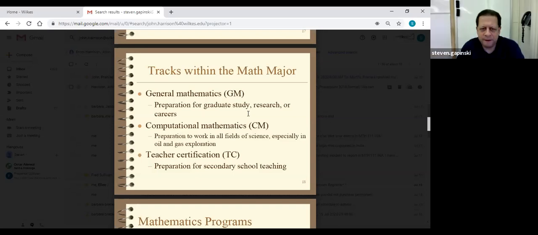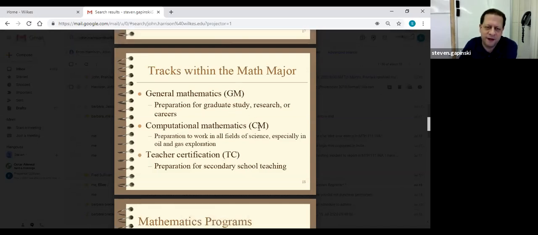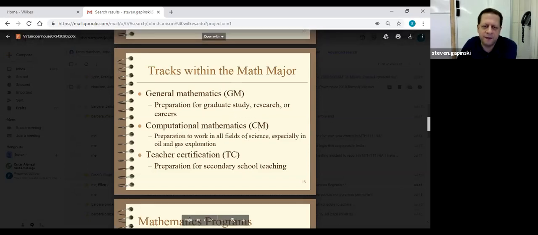And the teacher certification has very specific requirements due to the Department of Education requiring certain things that have to be met in order to get certified. But if that's the choice that you intend to make, then it's going to have a slightly different set of requirements than the others. As Dr. Harrison mentioned, you're going to have more computer science emphasis on the computational math side.